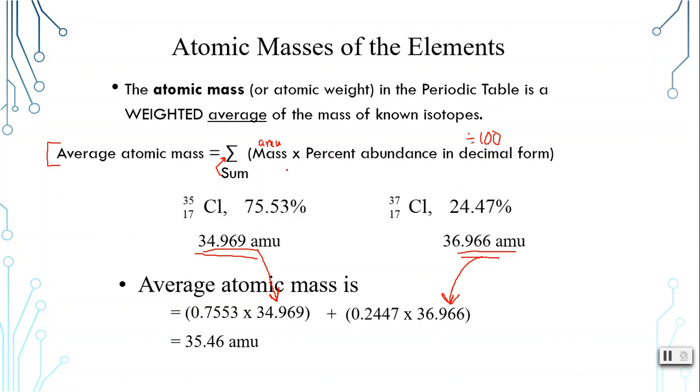And that means if I give you its abundance in percent, you need to take that percent and divide by 100. So there are 2 or 3 more examples similar to this on the Canvas worksheet. In the next video, we're going to talk about how to use this equation for average atomic mass to actually determine the atomic mass for a particular isotope for an element.